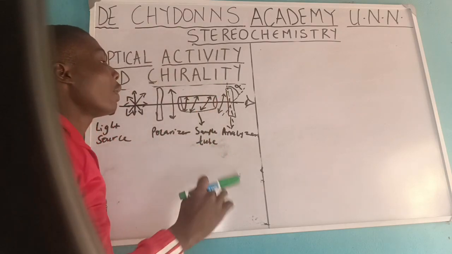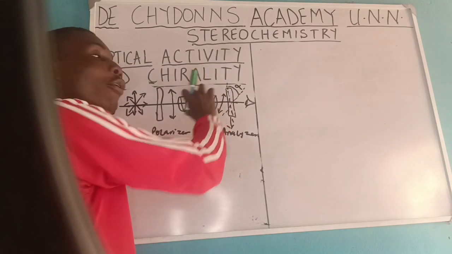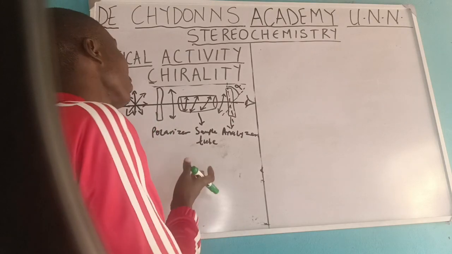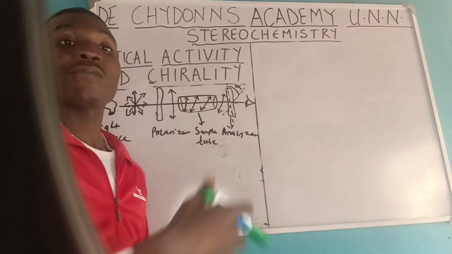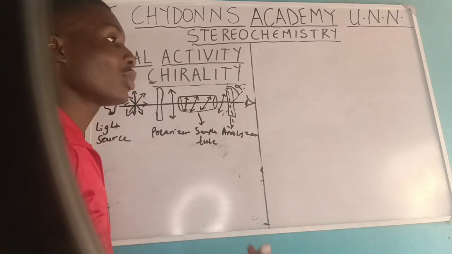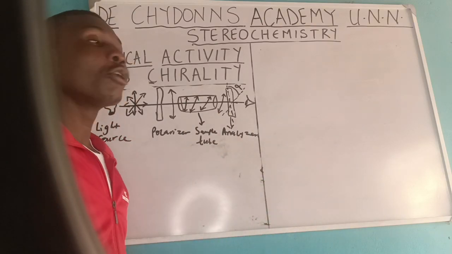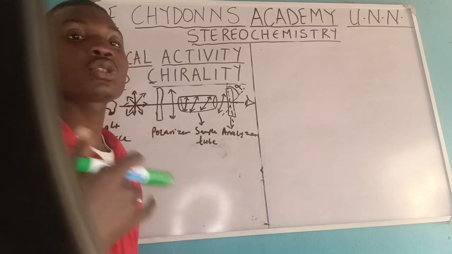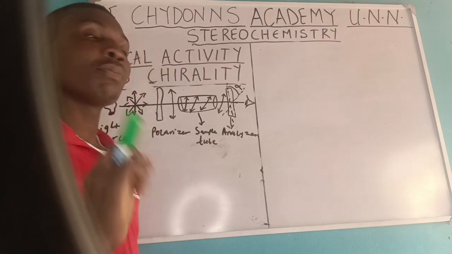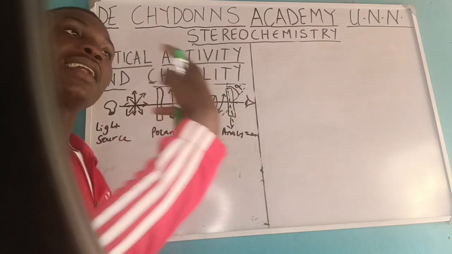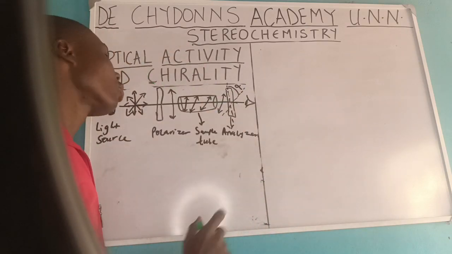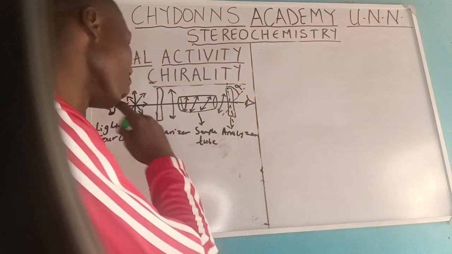Now, the sample that I want to analyze is already inside of this place. Usually, measurement of optical activity is done on fluids, which consist of liquids and gases, and it's usually with regard to aqueous solutions. There are some crystals whose optical activity can also be studied, but mainly we study optical activity of fluids, which are liquids and gases. Most of them are aqueous solutions.